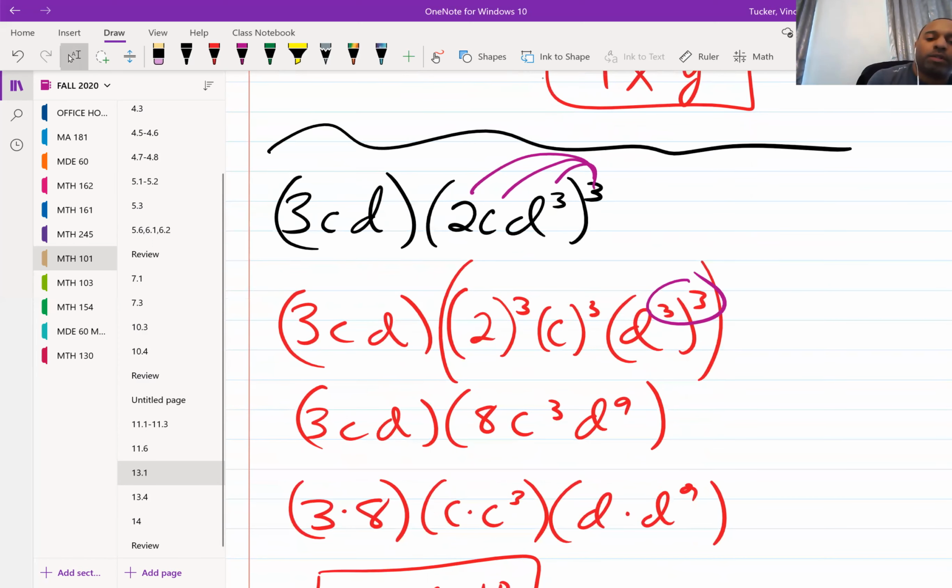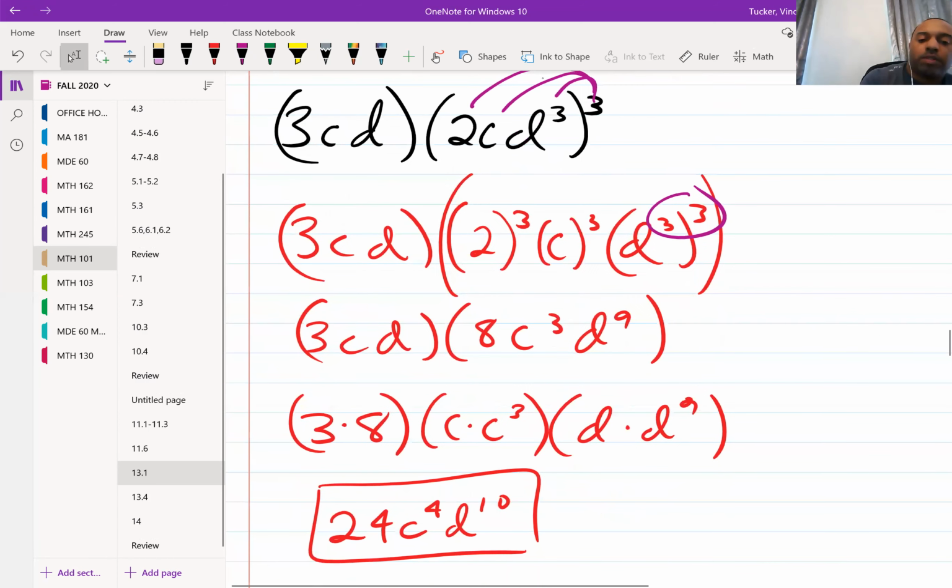Then you break it up into the parts that can be combined. 3 times 8, c times c cubed, d times d to the 9th. All right, 3 times 8 is 24. c times c to the third is c to the fourth.